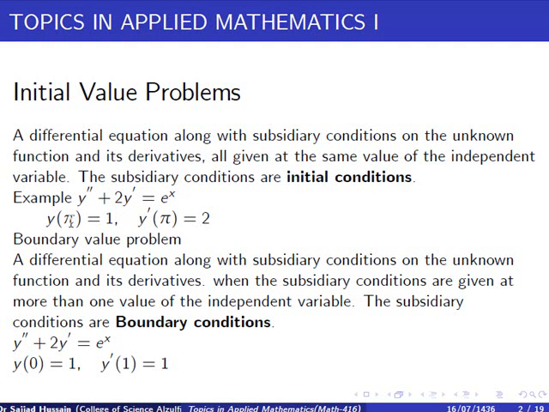For initial conditions, y and its derivatives are given at one value of the independent variable. When y and its derivative are given at more than one value of the independent variable, then these conditions are boundary conditions, and the problem is called a boundary value problem.